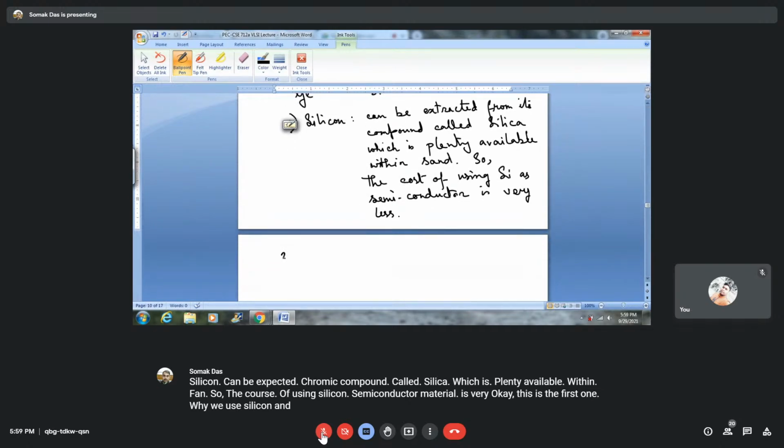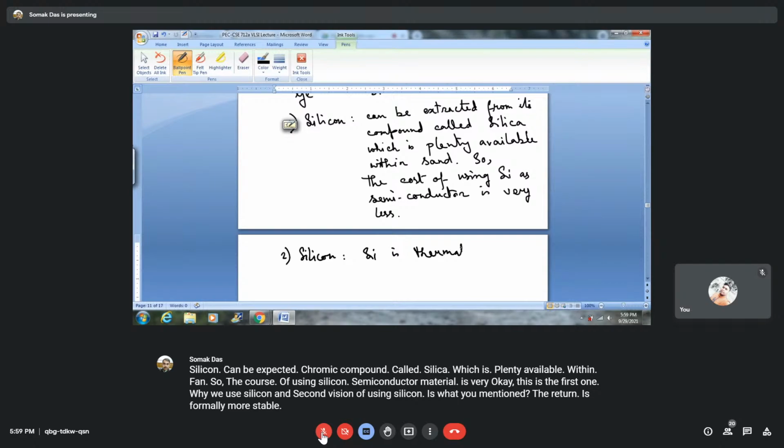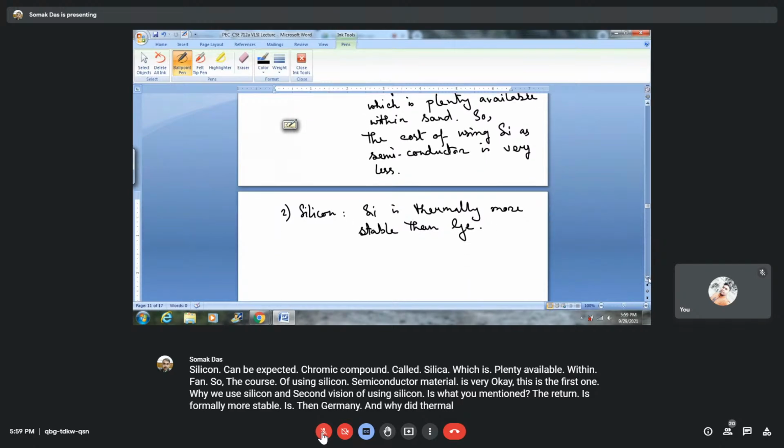The second reason for using silicon is what you mentioned. Silicon is thermally more stable than germanium. Why is this thermal stability needed?